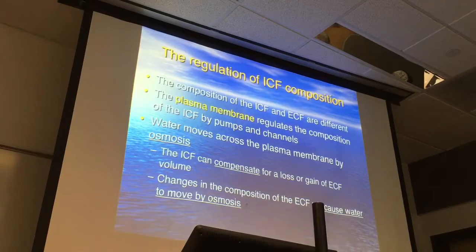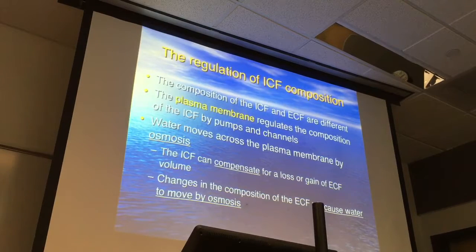We already talked about water moves across the plasma membrane by osmosis. There's always water channels in the plasma membrane. It needs to be there, because the cell's making water and it's shipping water out. So if you lose water in the interstitial fluid and plasma, water will flow out of the cells.